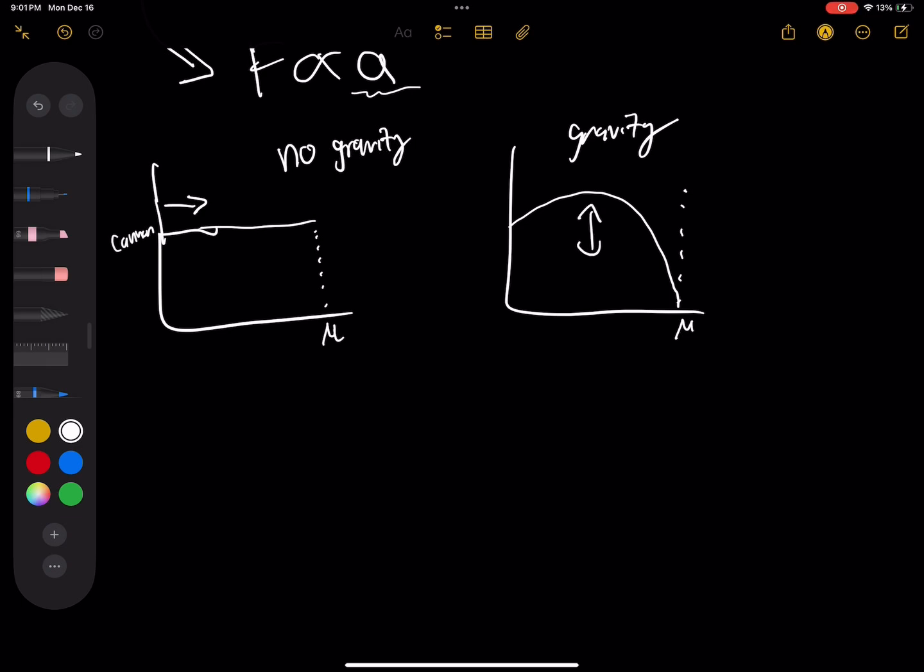This shows us that the components of velocity, Vx and Vy, show that gravity only impacts the vertical velocity, so going up and down. However, the horizontal velocity vector is not impacted by gravity. It stays the same because it still has the same range.